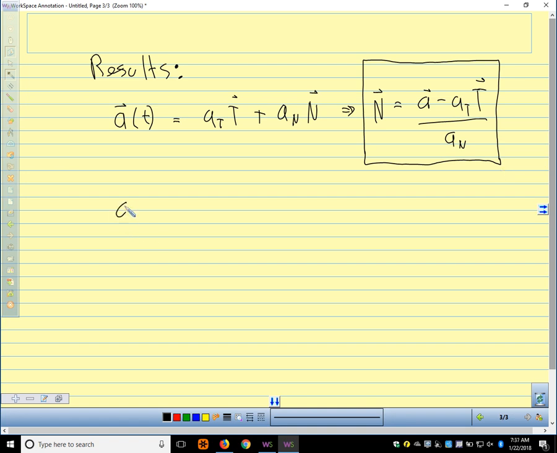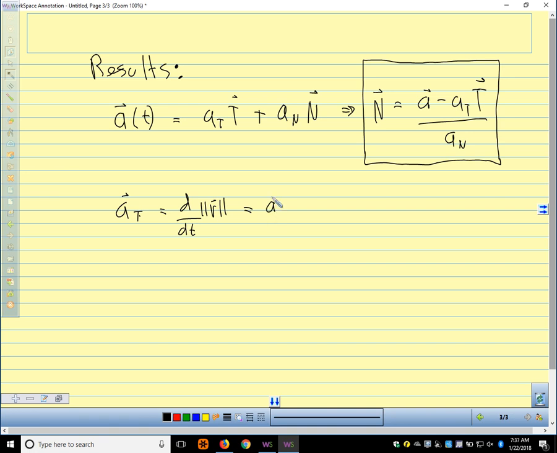We saw that our tangential component of acceleration, the derivative with respect to time of our speed, we can calculate our tangential component of acceleration that way.